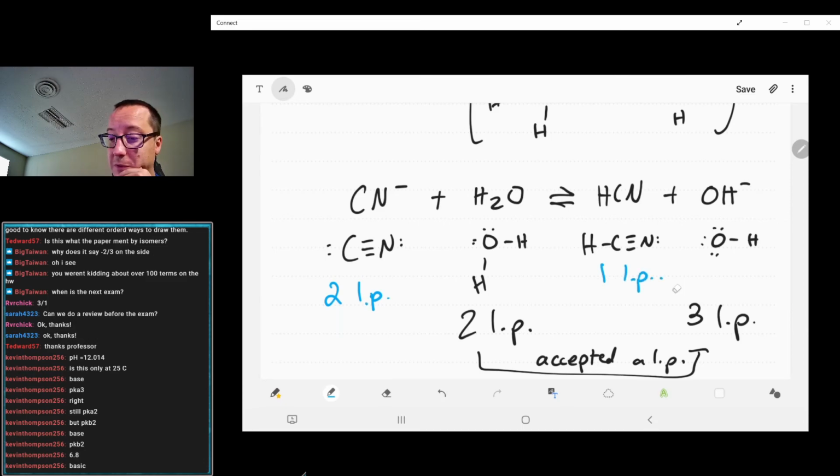We can see the lone pair has shifted over. All right, same result as with the Bronsted-Lowry mechanism here, but it's broader because lone pairs are present in a lot more things than H's are.